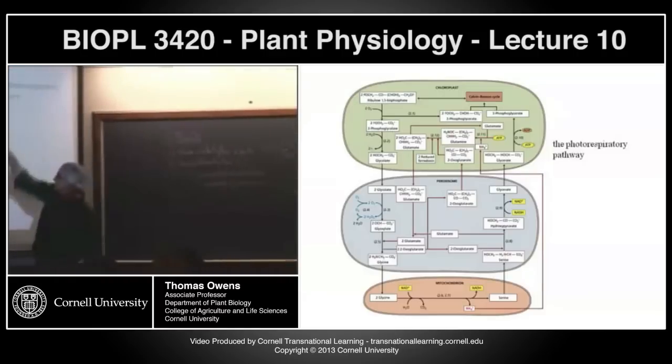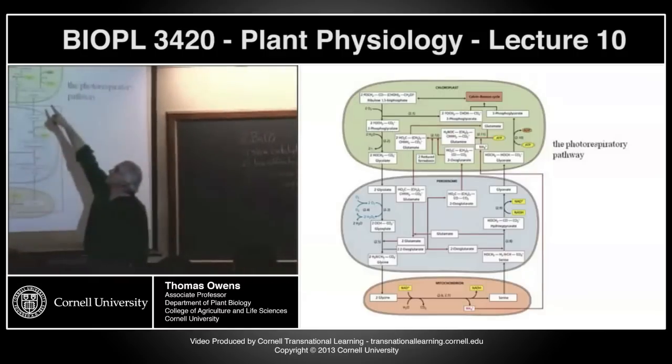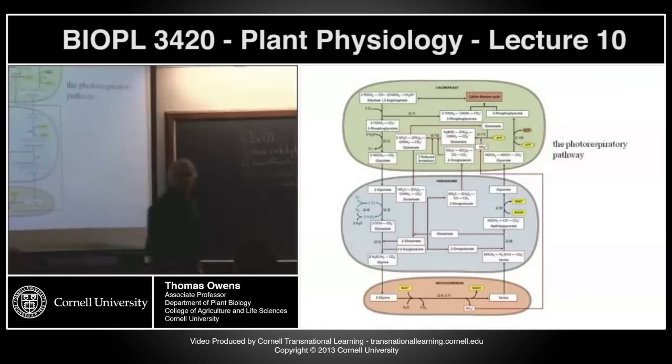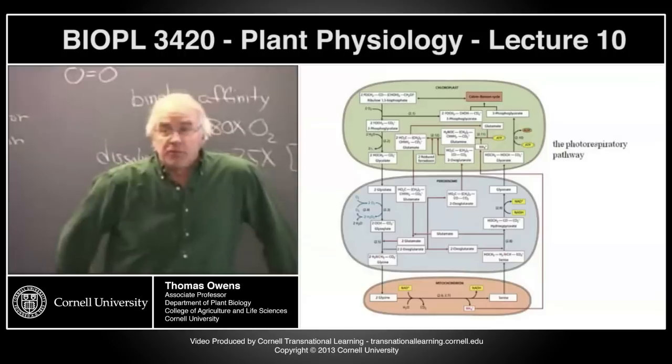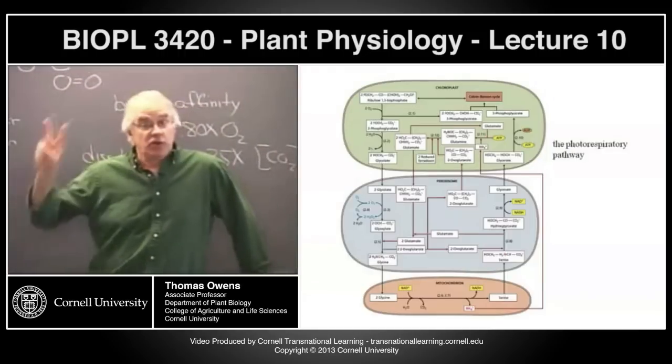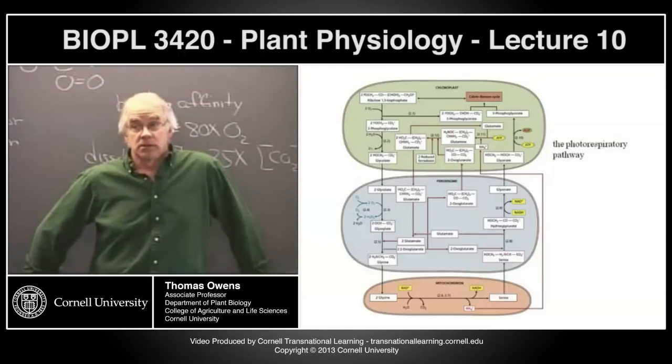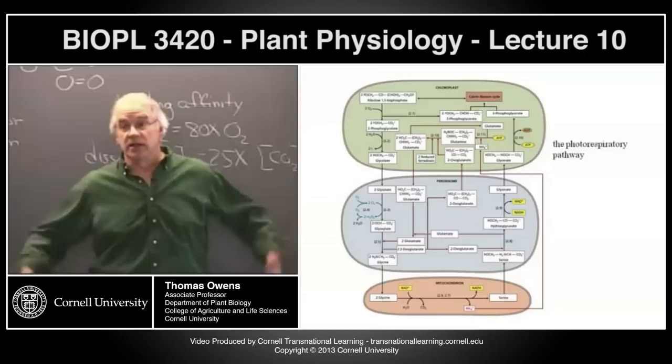But that reassimilation of the ammonia that's lost down here costs ATP as well. So this recycling of 3 of the 4 carbons in 2 glycolate molecules costs some energy as well. But what it allows the plant to do is a lot better than those algae that just excrete the glycolate into their medium.